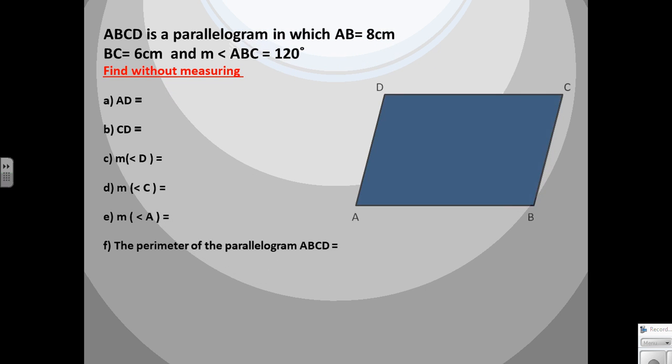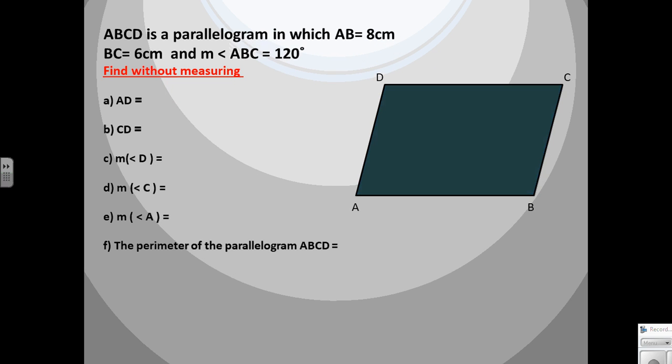We have here ABCD is a parallelogram in which AB equals 8 centimeters and BC equals 6 centimeters and measure angle ABC equals 120 degrees. Here we are asked to find the length of AD.